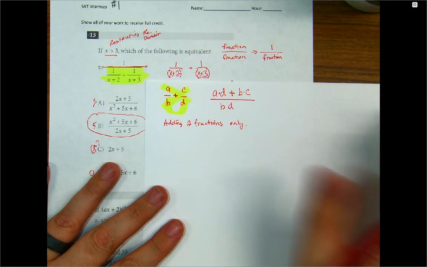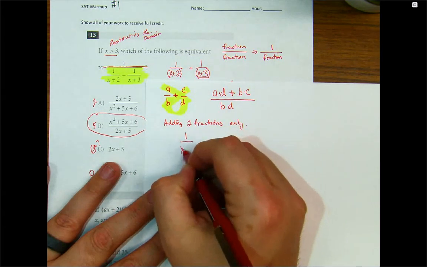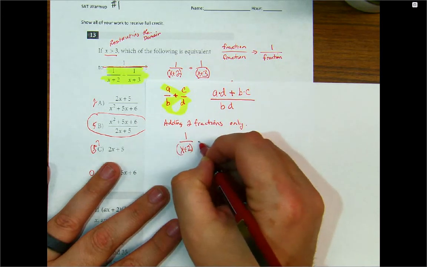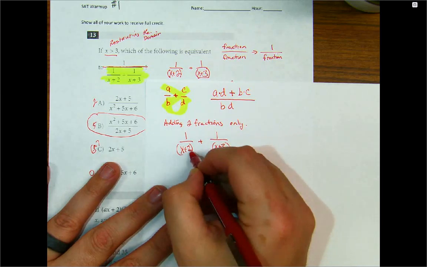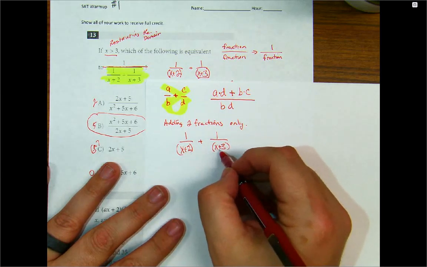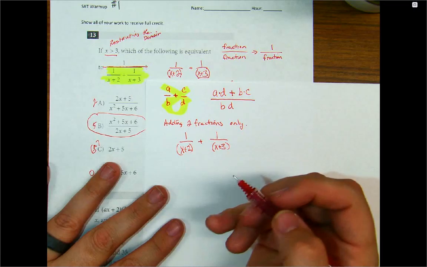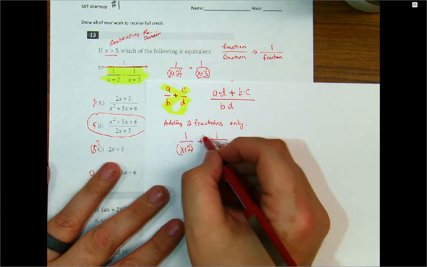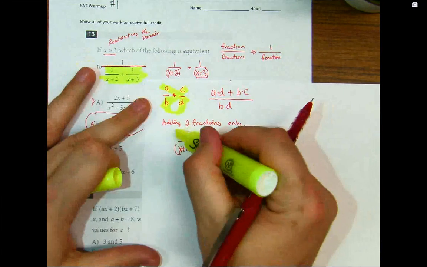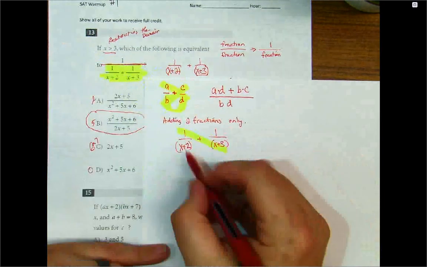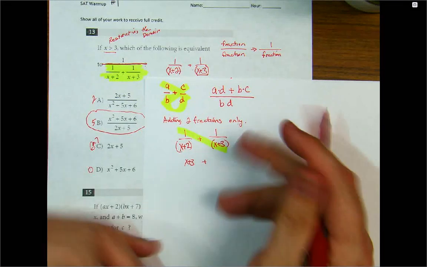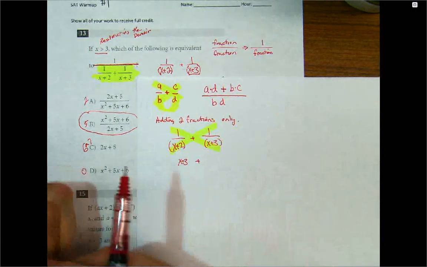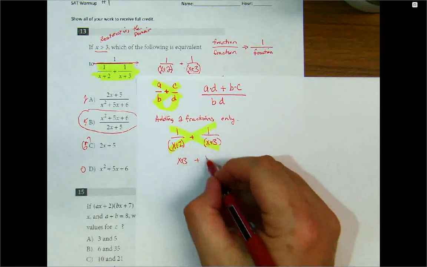But if I had 1 over x plus 2 plus 1 over x plus 3, these are binomials because you have an x plus a constant, so it's a binomial term. Multiply those two things together. 1 times x plus 3 is x plus 3. Plus, multiply those two things together. X plus 2 times 1 is just x plus 2.